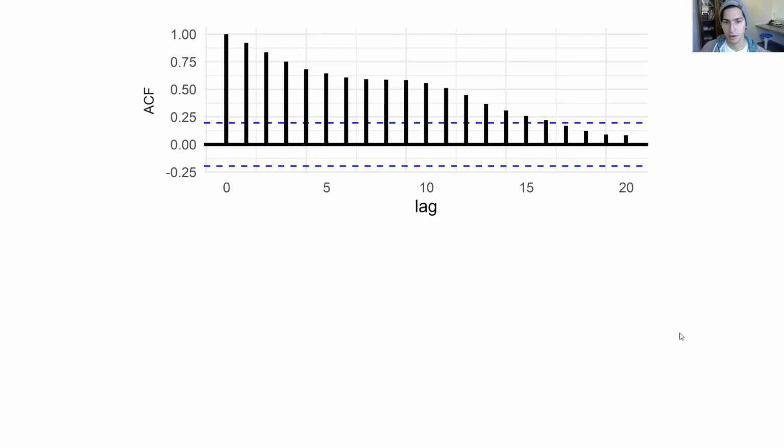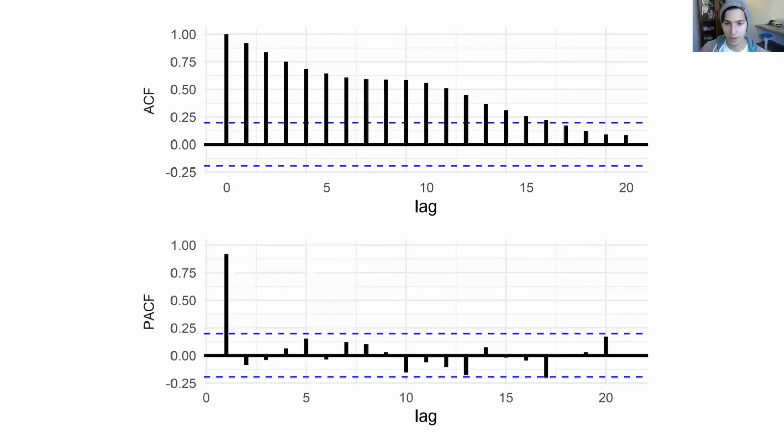And we can evaluate as well the partial autocorrelation function, which shows a correlation of 0.9 at lag 1. Notice the axis is shifted here, but it shows no autocorrelation after that. The reason is that the partial autocorrelation is adjusted for lower order lags, so the lag 2 autocorrelation is adjusted for the lag 1 autocorrelation.